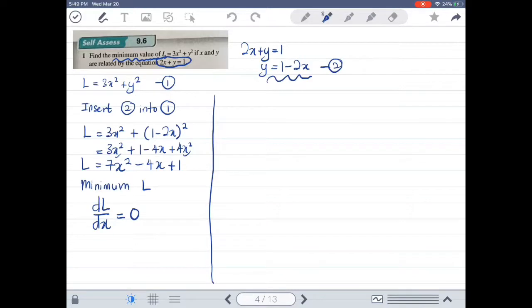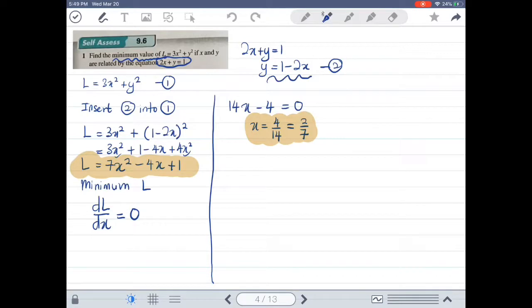So we differentiate the function L. So we should get 14x minus 4 equals 0. Hence, x equals 4 over 14, which is just equal to 2 over 7. Now we have the value of x at the minimum.